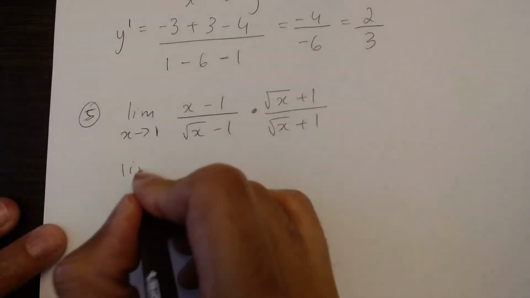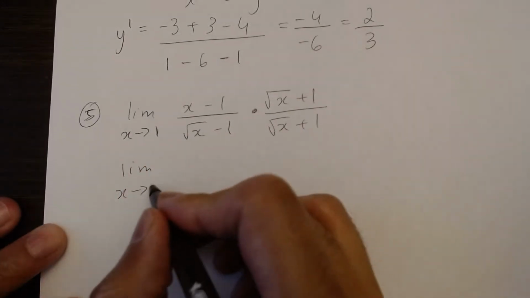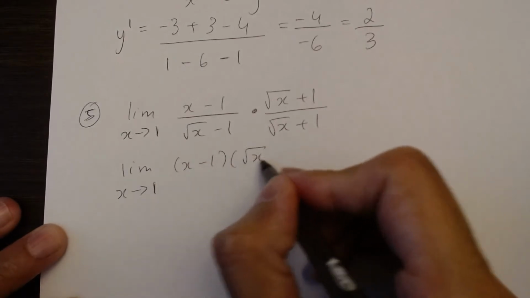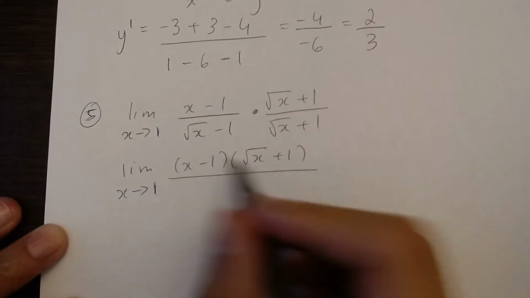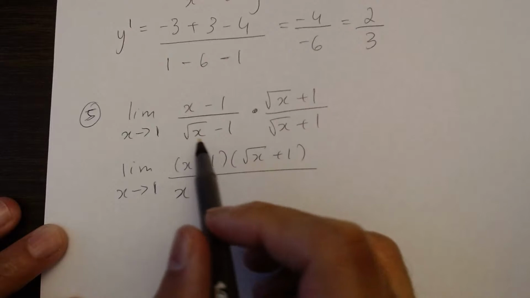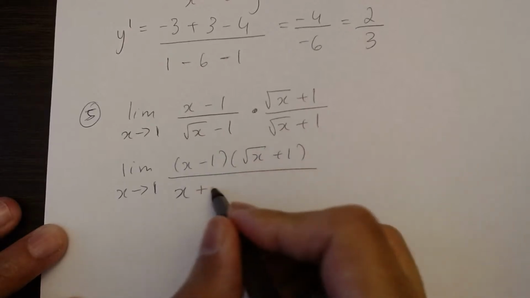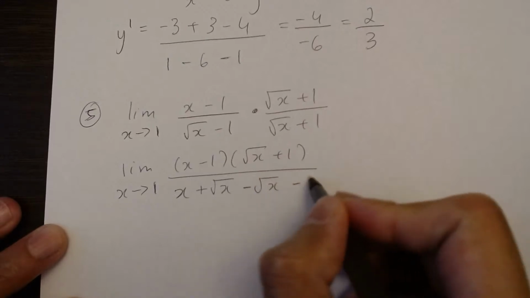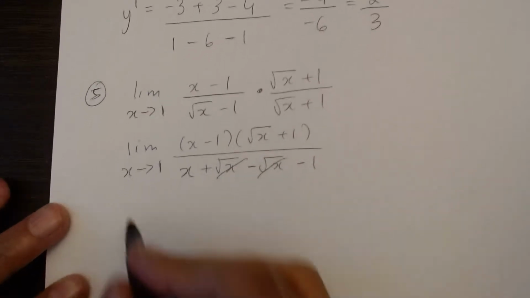You'll keep the top in factored form, never simplify the top in this case. So it's just like that. For the bottom, you want to FOIL out the two brackets. So root x times root x is x. Root x times 1 is plus root x. Negative root x minus 1, and the two middle terms just cancel out.